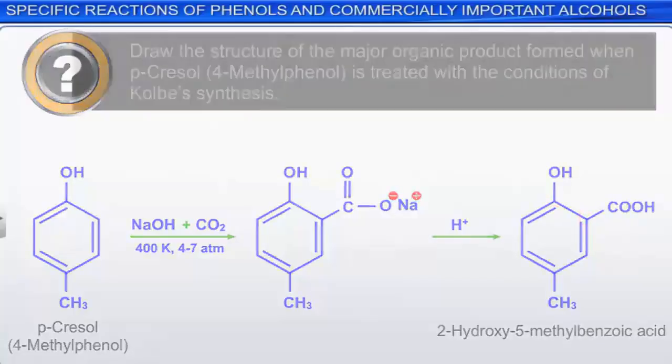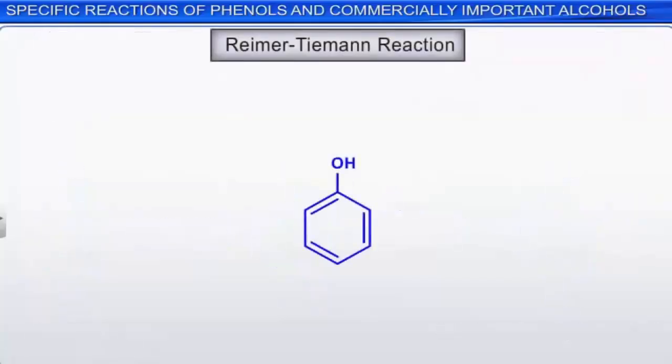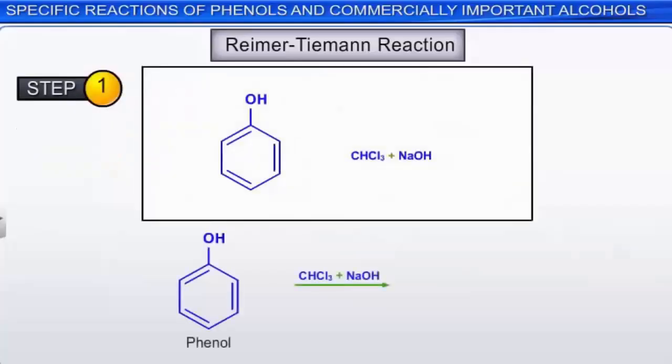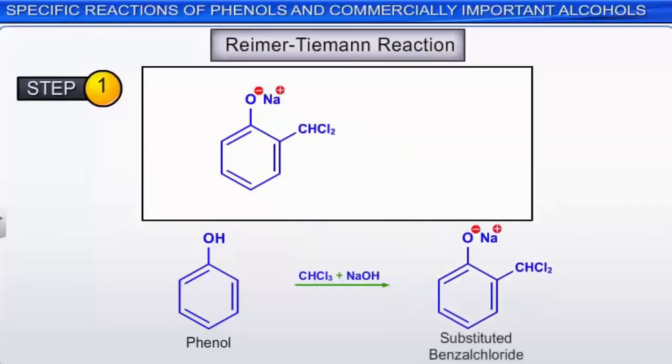The Reimer-Tiemann reaction introduces a CHO group at the ortho position of phenol. The Reimer-Tiemann reaction can be thought of as a two-step process. The first step is treatment with chloroform in the presence of sodium hydroxide to form a substituted benzyl chloride intermediate.